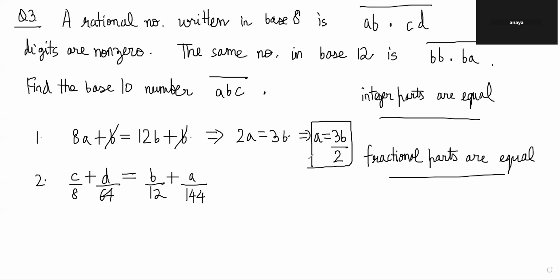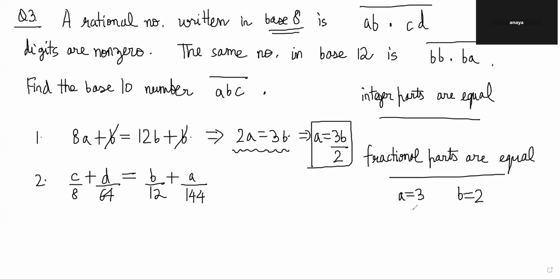Let's just keep it as 2A equal to 3B, because these are supposed to be integers and A and B are in base 8. So both A and B are at most 7. So there are only a few options then, right? You can get A is 3, B is 2.